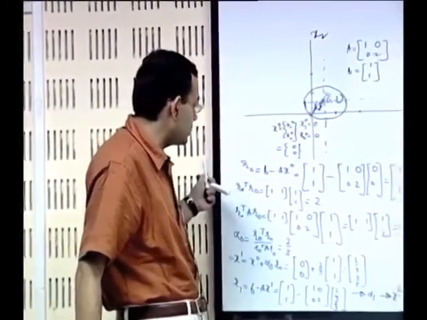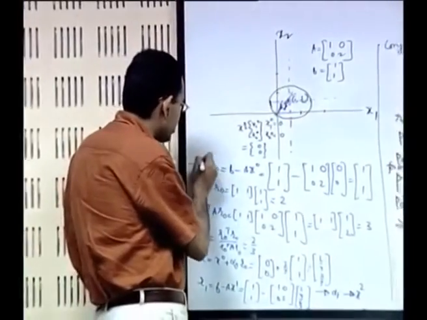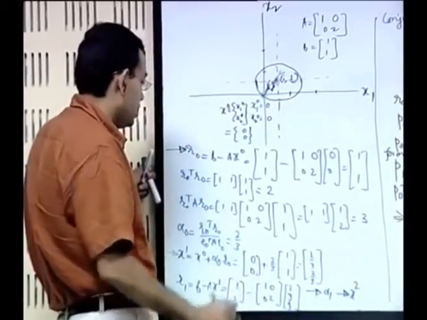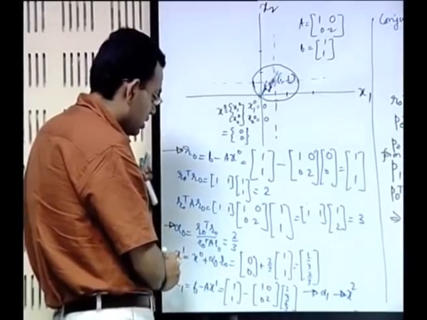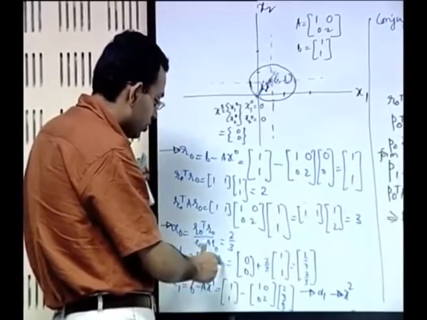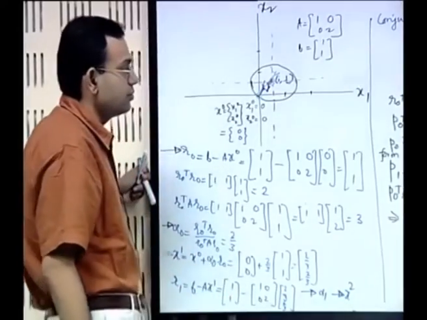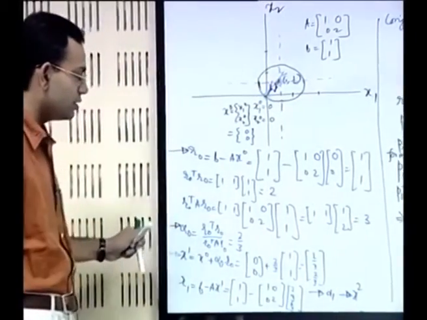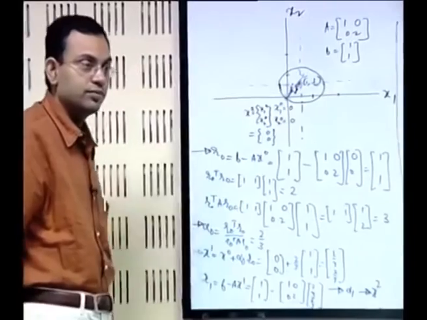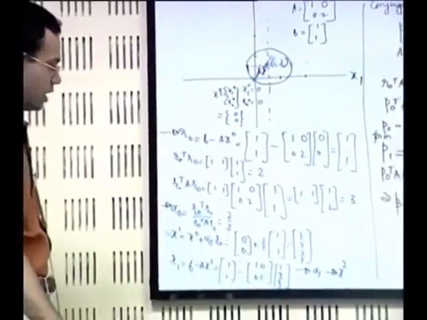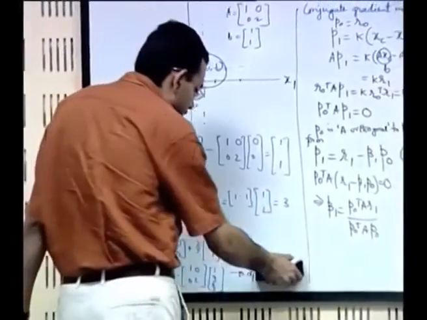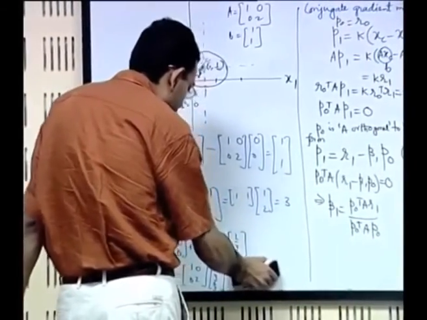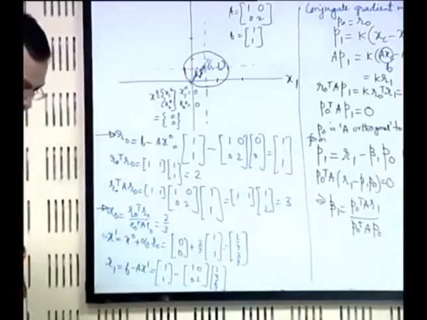Up to which steps? First the calculation of R0, which is already there, then alpha 0 and x1 is equal to x0 plus alpha 0 R0, and R1 is B minus AX1. So we will require R1 and R0, therefore let us complete the calculation for R1 before we proceed further.